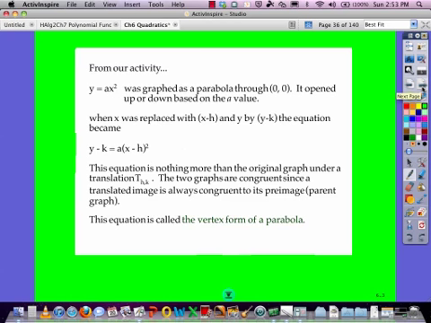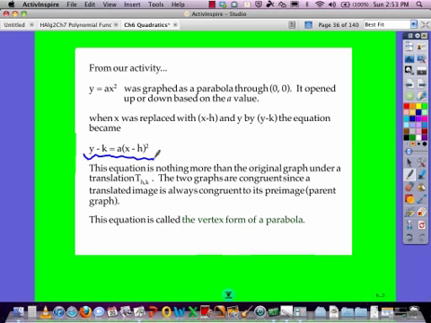It opened up or down based on the a value. When x was replaced with x minus h and y by y minus k, the equation became y minus k equals a times the quantity x minus h, that quantity squared. This equation is nothing more than the original under a translation of h, k.